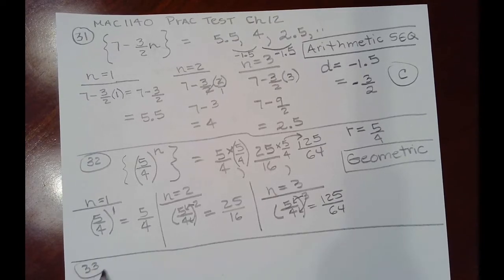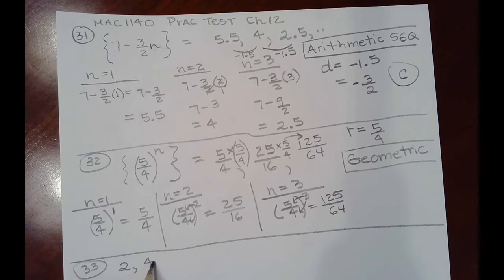Moving to 33. In problem 33, they give a sequence like this. Instead of the rule, they just list the numbers for you. And we're going to decide if there's any kind of geometric or arithmetic properties for this particular sequence. So let's say that I was concentrating on whether or not it's arithmetic.